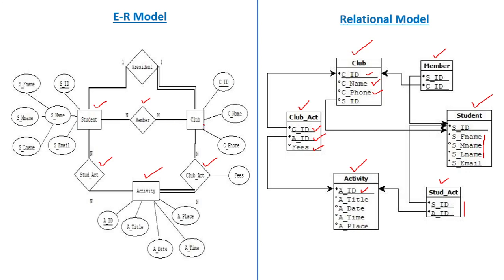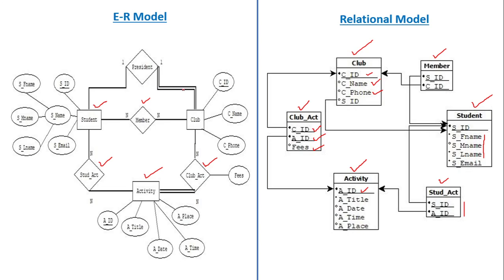So we may add club ID, CID, in the student table, or we may add SID in the club table. But as club is participating totally, every club should have a president, but not necessarily every student is the president of any of the clubs, right?